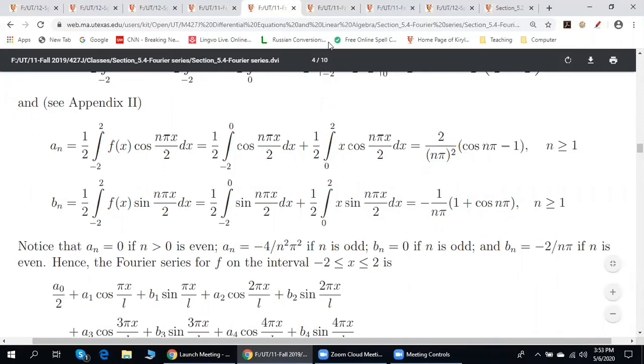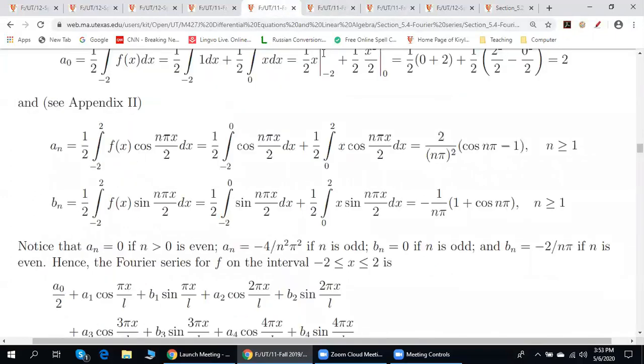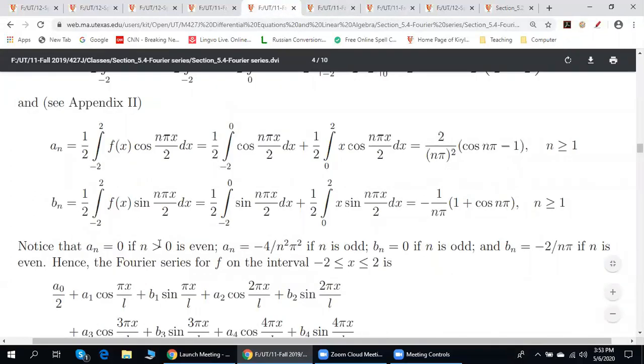And now again, looking at the graphs, we conclude that if n is even, cosine is 1, therefore the whole thing is 0.